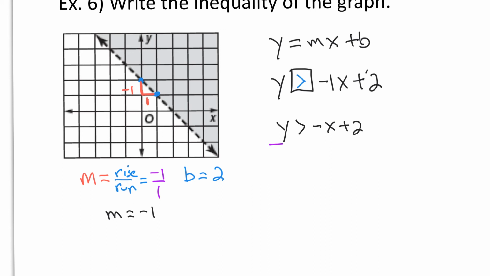So my inequality for this graph is right here. Just a note, be careful to always look at the lines. You might have a solid line, you might have a dashed line, and also make sure you pay attention to the shaded part because it also affects the inequality you are going to use.